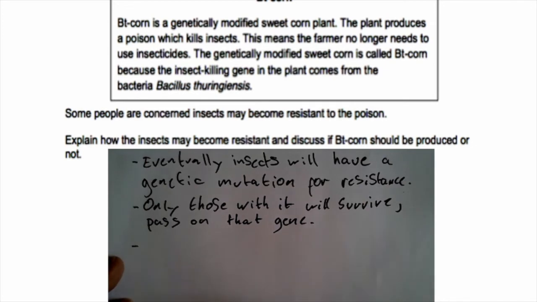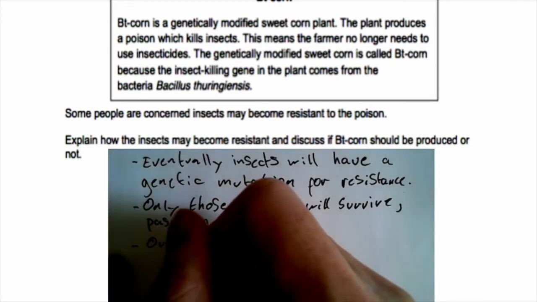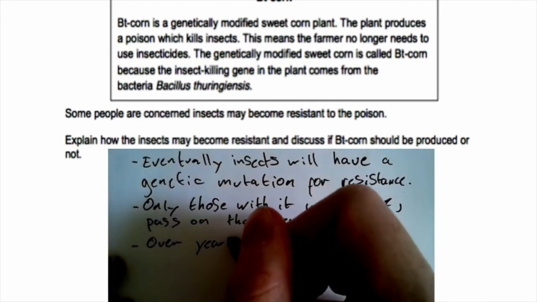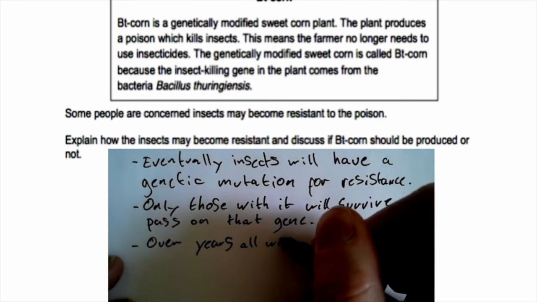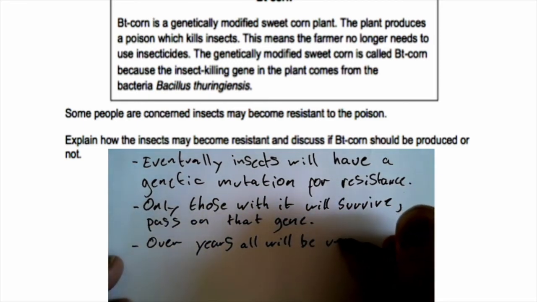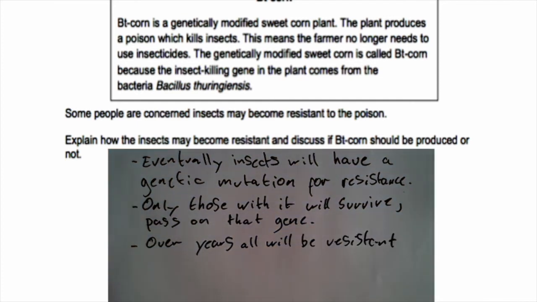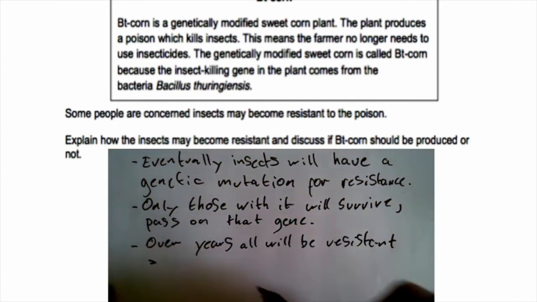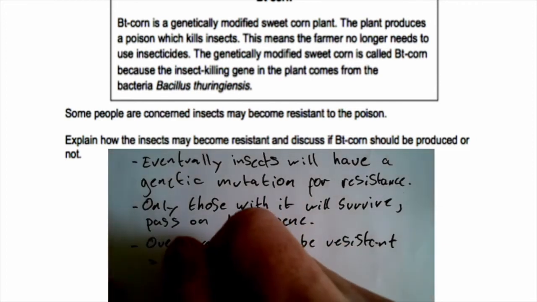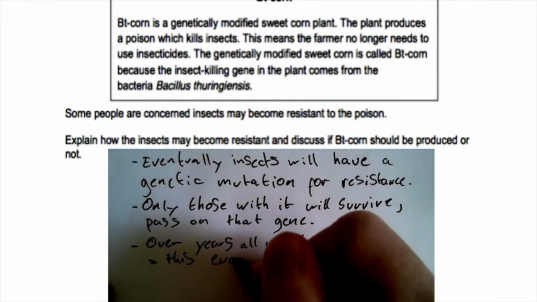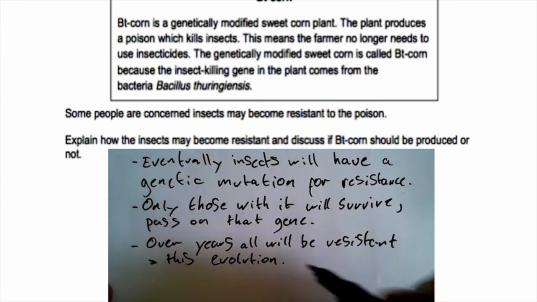So over years, all will be resistant. And because the question hasn't said anything about evolution or natural selection, make sure you say that. This is evolution or natural selection, whichever you prefer.